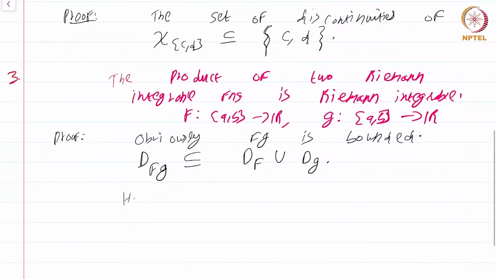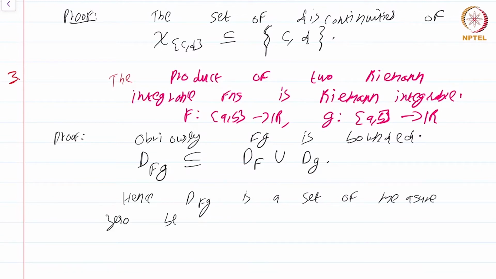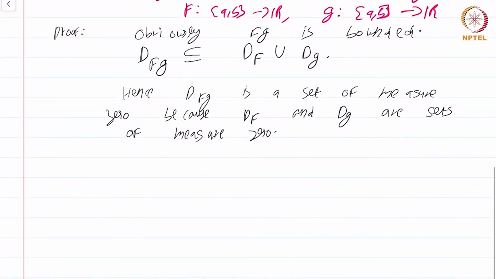Hence D_fg is a set of measure 0 because D_f and D_g are sets of measure 0. Okay, this is a really short proof.